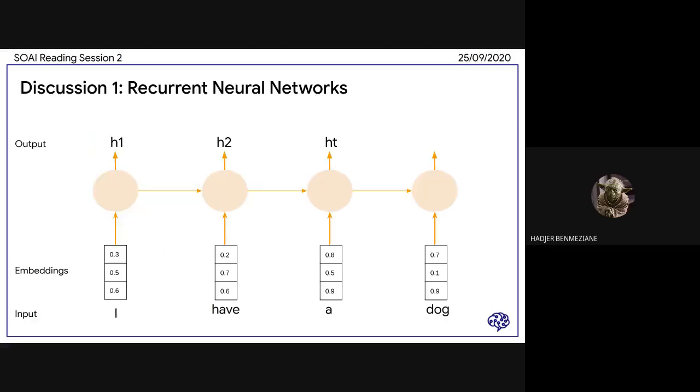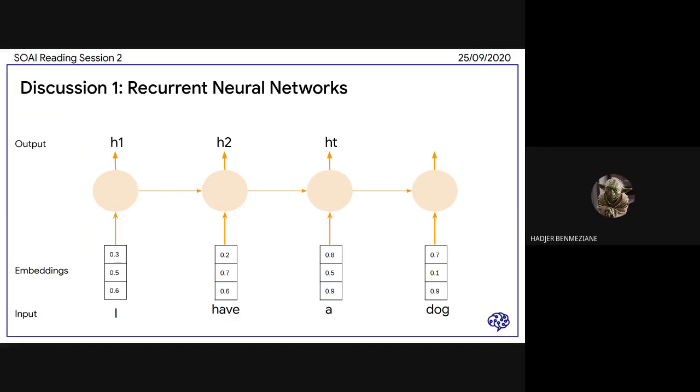So first, the recurrent neural network. As we said in the first article we read, recurrent neural networks are used for sequence data, and sequence data are text, speech. I believe you know what these types of data are.